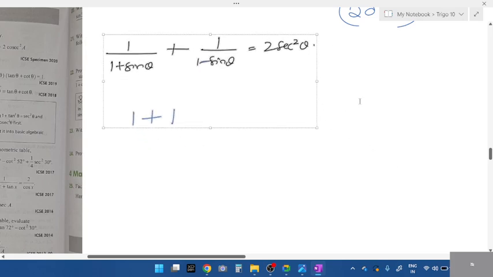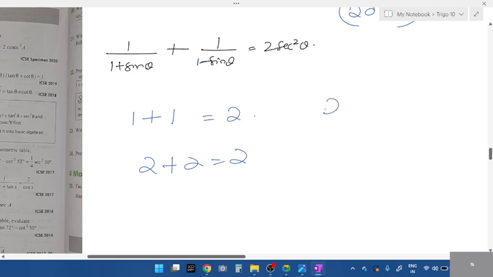See, 1 plus 1, do they have a denominator? No, right? To solve this, what is 1 plus 1? You get 2. So 2 plus 2 is 4. When there is no denominator, you can add it directly. In the same way, when you multiply 2 into 2, you get 4.